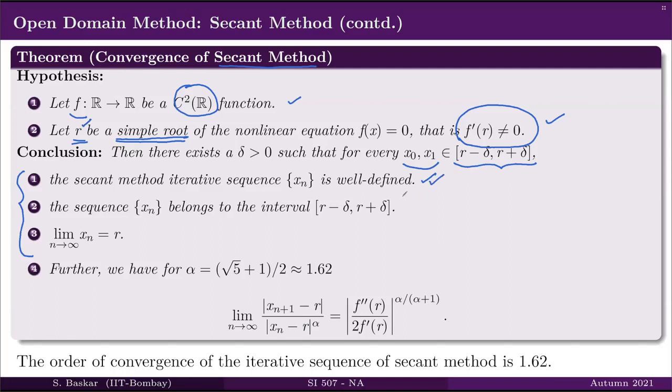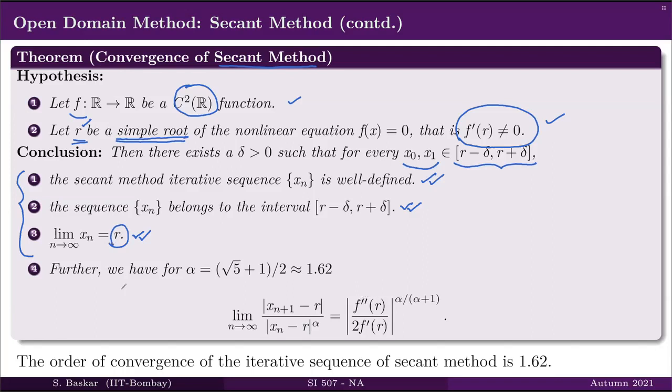And the next one is that all the members of this sequence will also lie in the delta neighborhood from where you chose your x0 and x1. And the third conclusion, which is more important for us, is that the sequence will converge, and the limit of the sequence is r, which we are interested in.